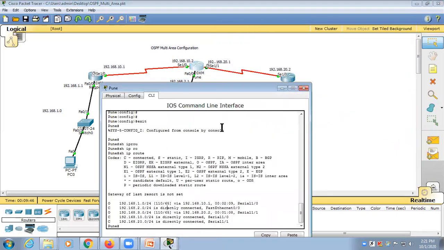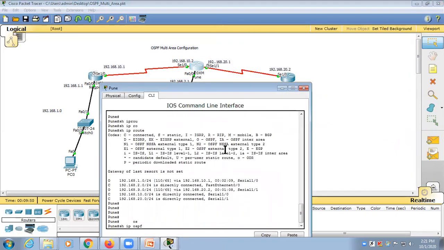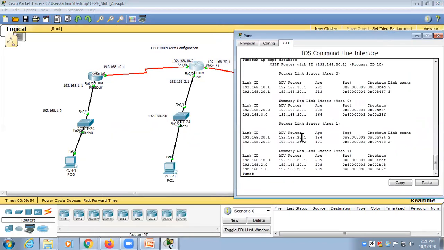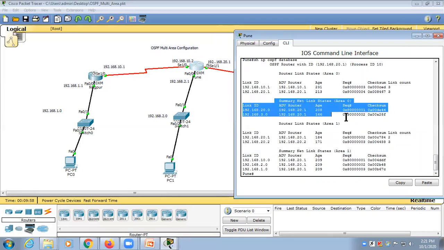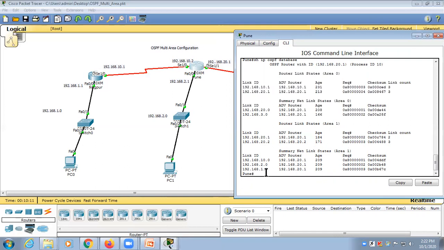If you go to the Pune router and run show ip ospf database, there is two sets of information available, guys: area 1 information and area 0 information. Both are stored in this router, because this router is called the area border router, guys. So this is a very important concept.